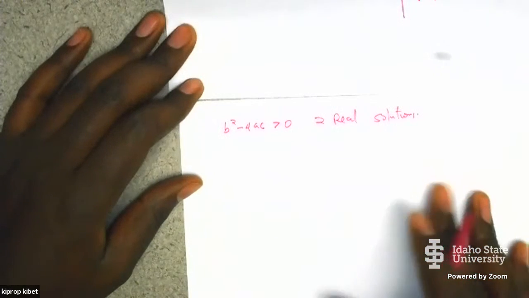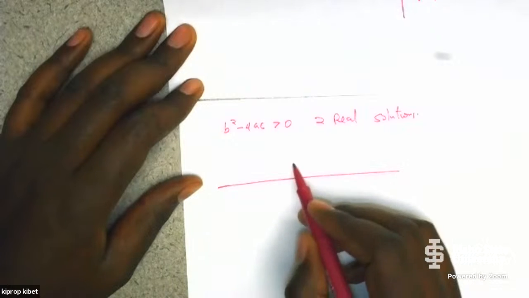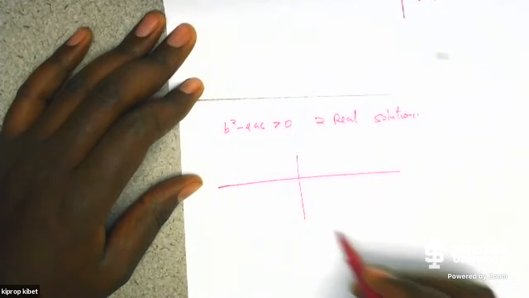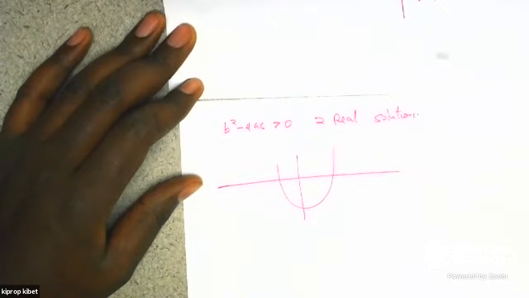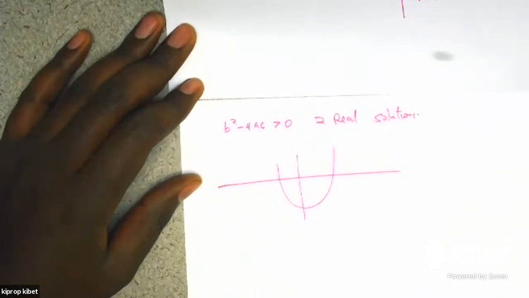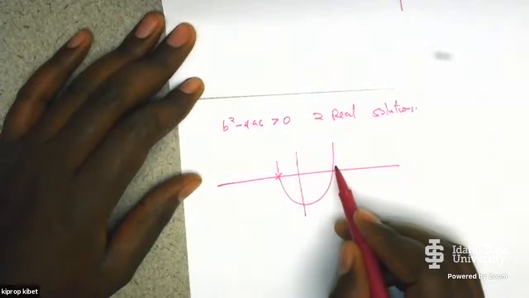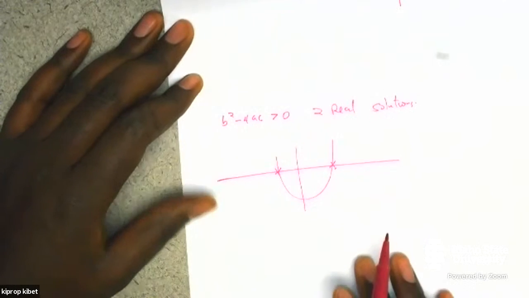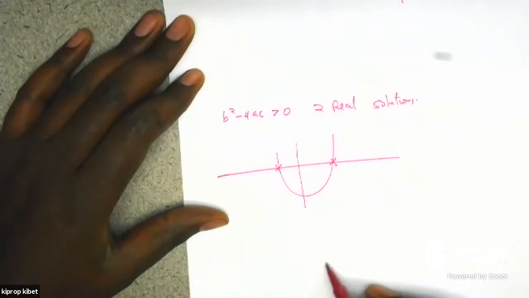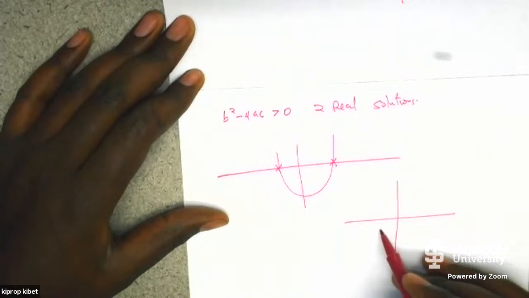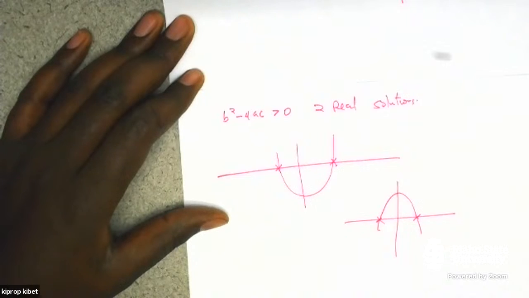So it will either be like that, because we have two real points here, the values of x, or it can be facing down like this. We still have two real points there.